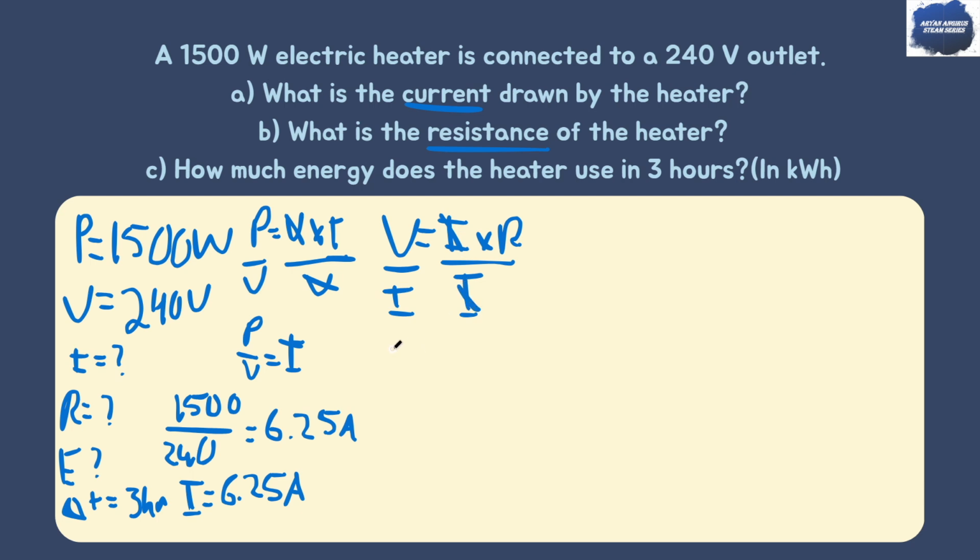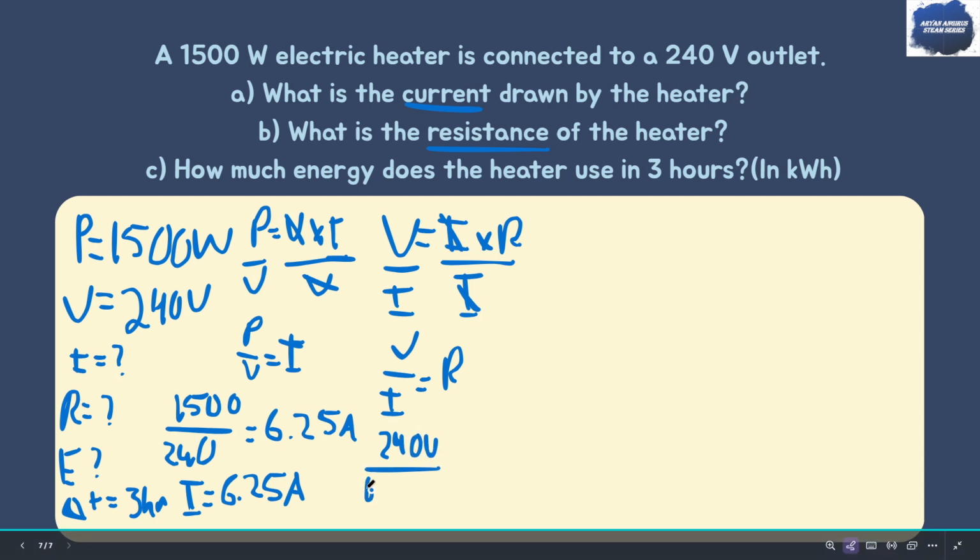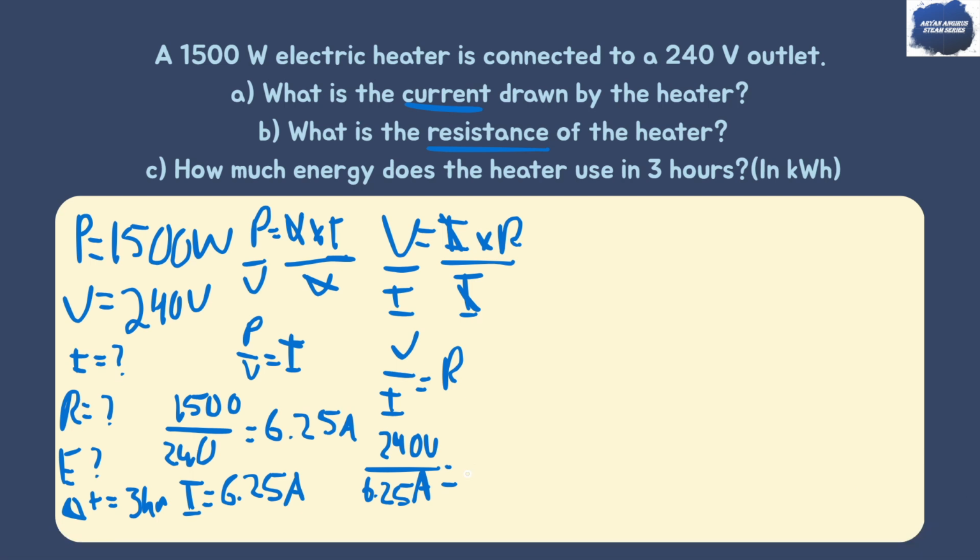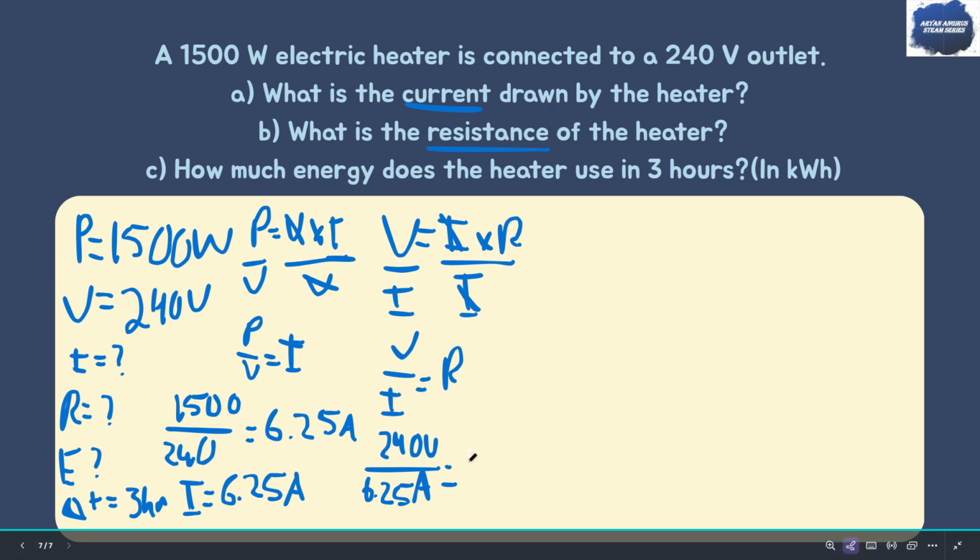These two would cancel out, and we'd be left with V divided by I equals R. So we'd have 240 volts divided by 6.25 amps is equal to 38.4 ohms.